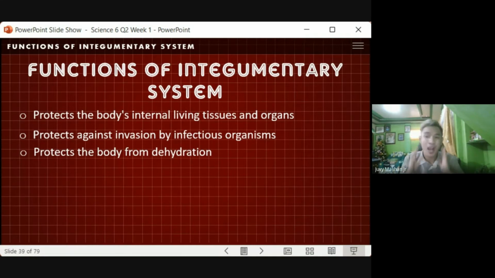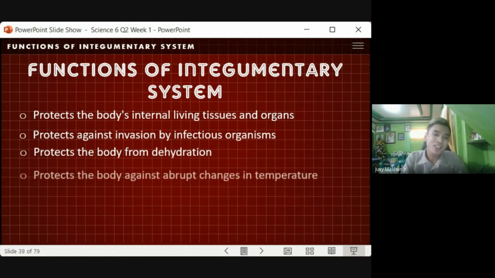That is our skin. The skin is waterproof, class, because its outer layer contains protein called keratin and the glycolipids. We will be talking more about skin as we go deeper with our discussion this morning.